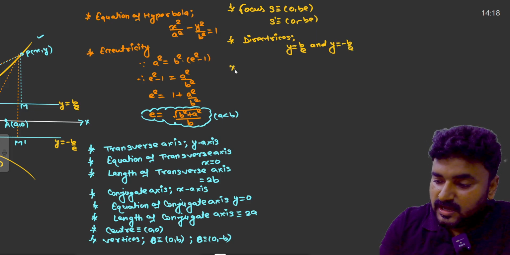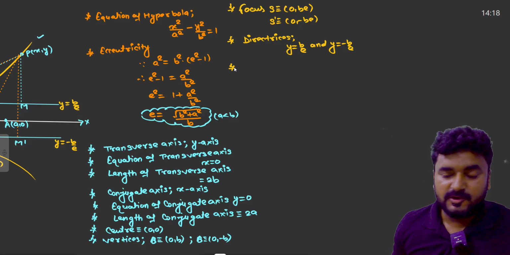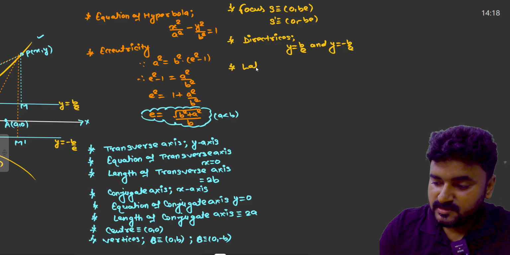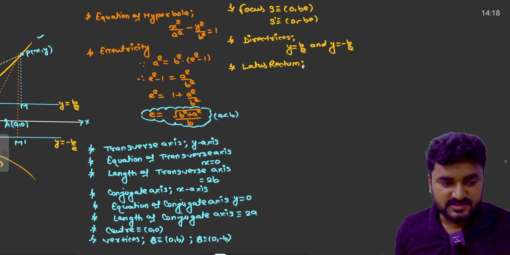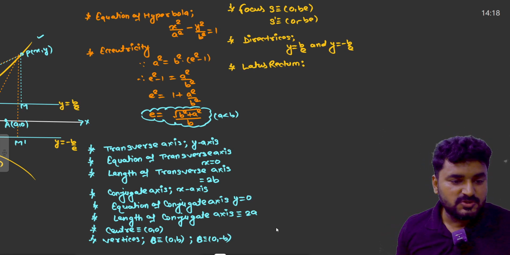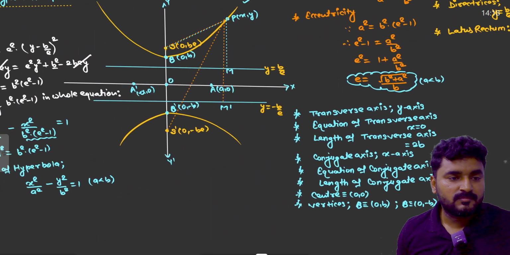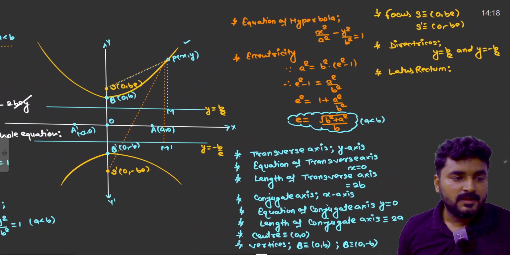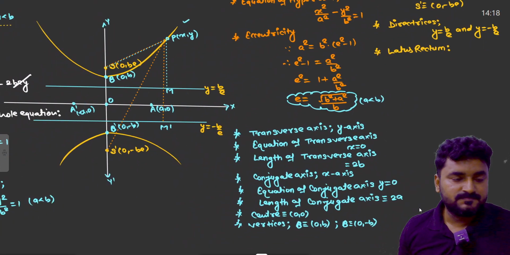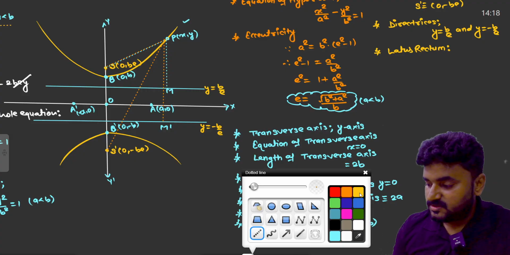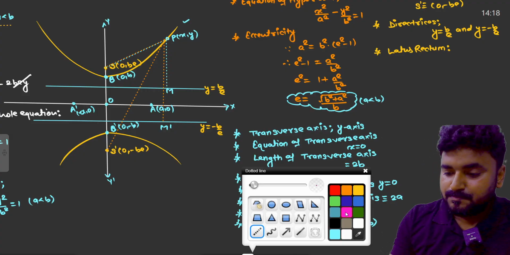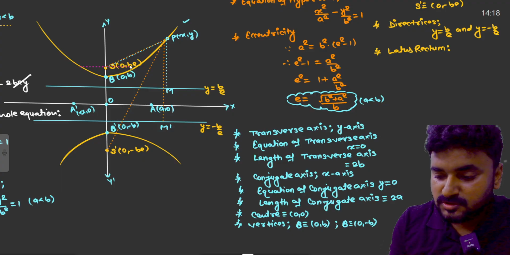After directrices, we will find the latus rectum now. For the latus rectum, let's see once again. The latus rectum is a perpendicular line on the focus.